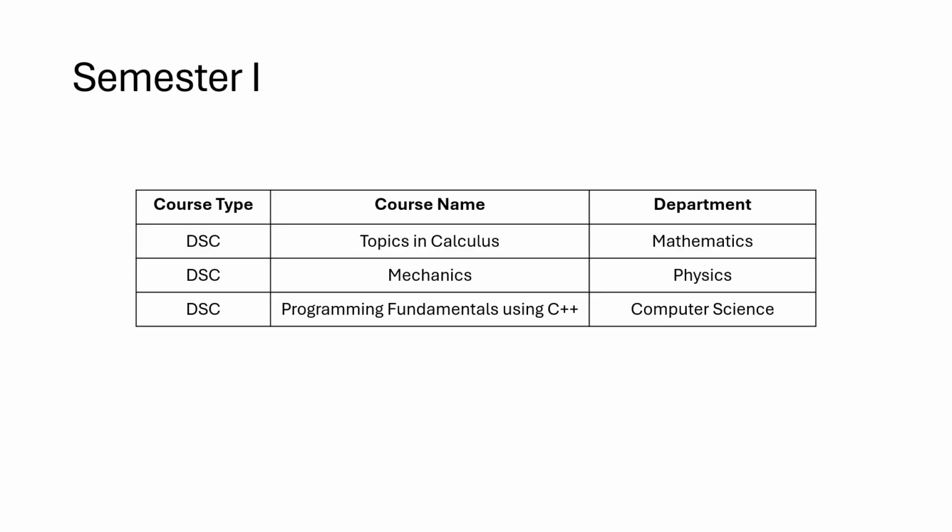In the semester 1 you have 3 DSC courses. Once again, DSC courses means they are compulsory courses, you must fulfill them. Alright, so from mathematics you have topics in calculus, from physics you have mechanics, from computer science you have programming fundamentals using C++.